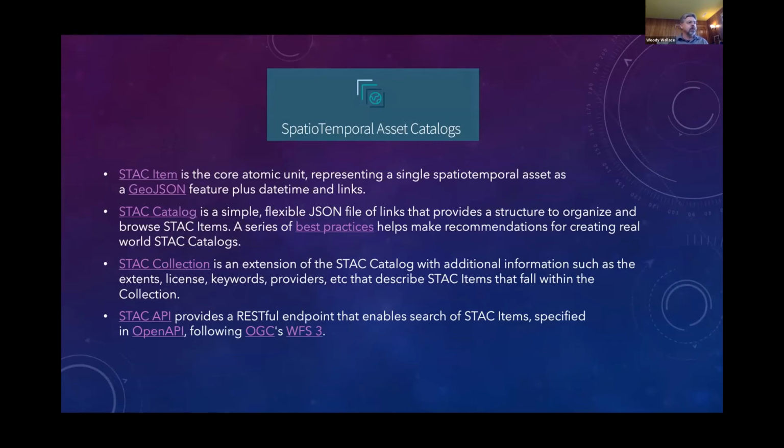links to other data. Another thing that's not listed here: a STAC item would contain a list of assets, and those assets could be the imagery, or in some cases the metadata files.